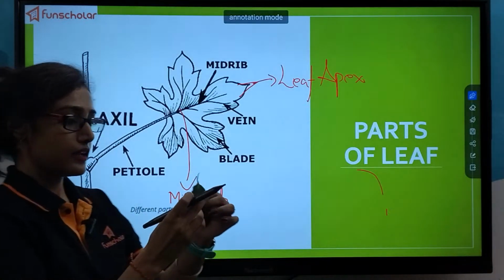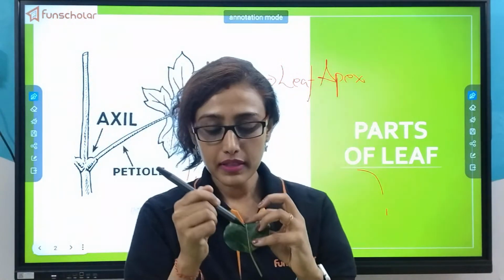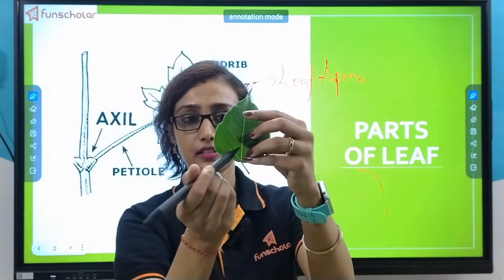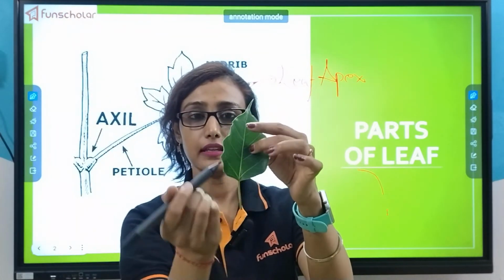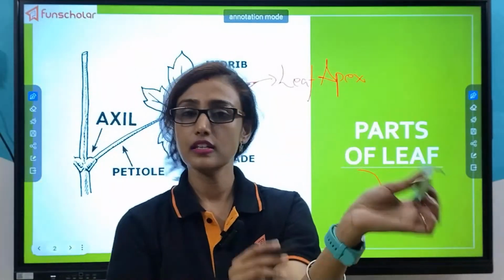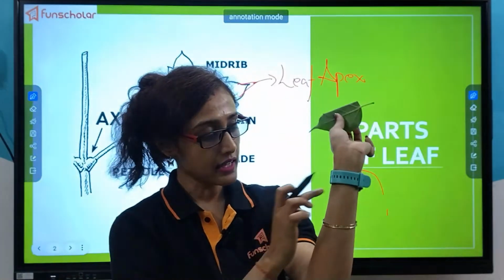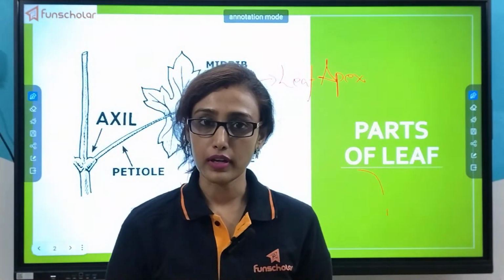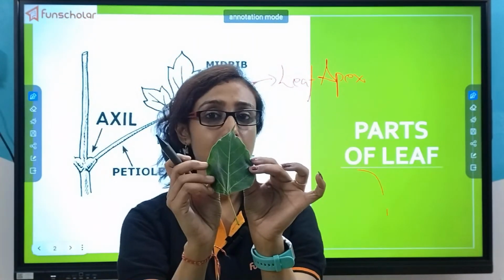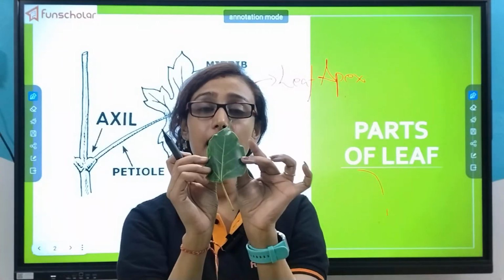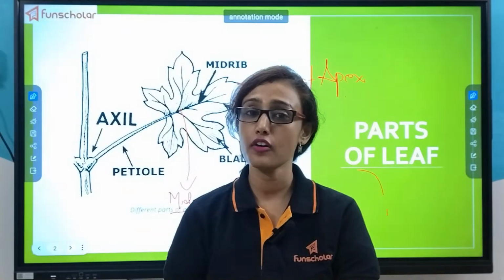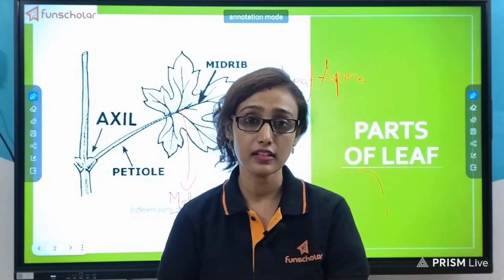Okay? Now, from the main midrib, there are several branches coming out from the leaf. Can you see? Just like we have thin veins over here throughout our body, similarly plants have veins in their leaf. Why, ma'am? Because what is the function of our veins and arteries?